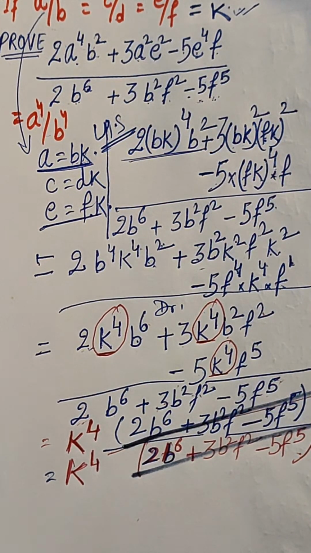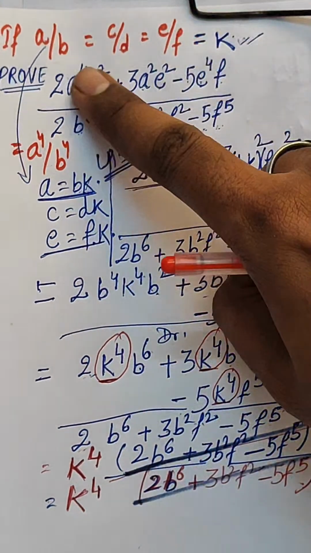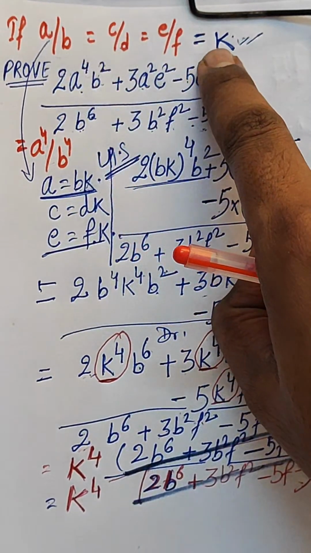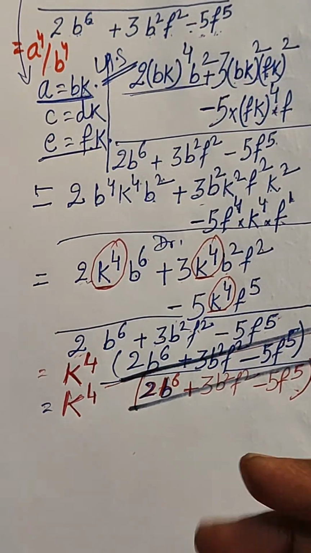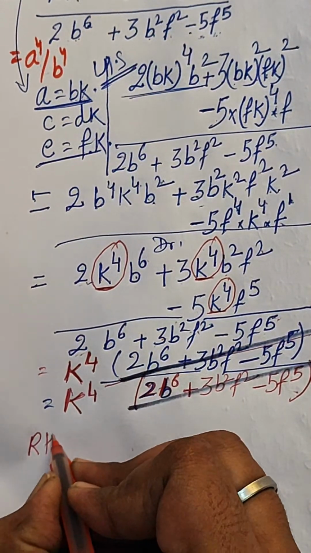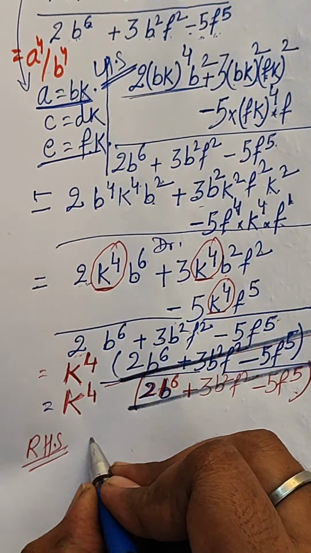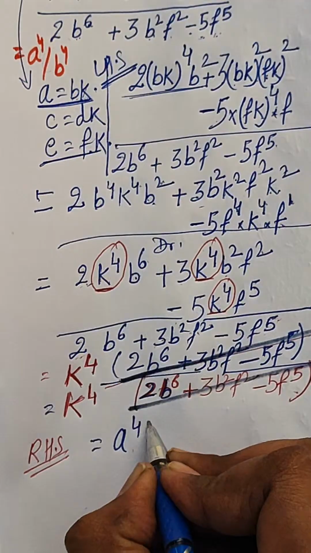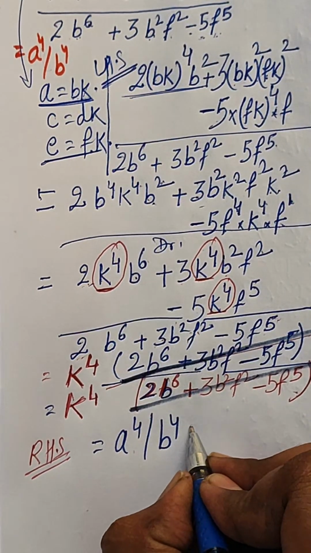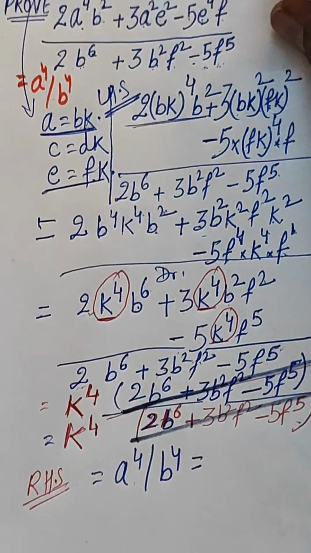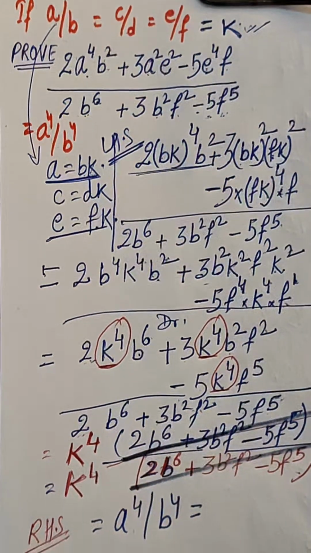So what we will do, since a can be written as, from here a can be written as b times k, right? So we'll take the RHS. Into the RHS we have a4 by b4, right? So a4 can be written from above as b times k, or k times b.